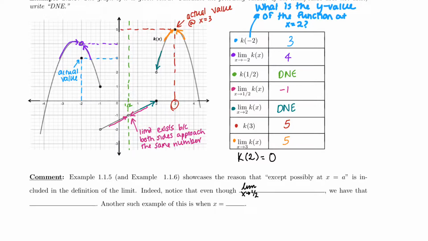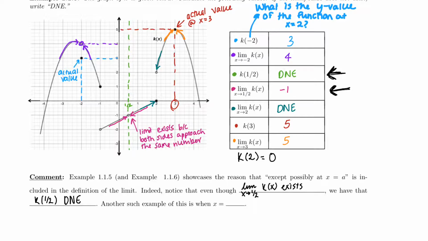Even though the limit as x approaches 1/2 of k of x exists, right here, k of 1/2 itself does not exist. So basically what I said up there.